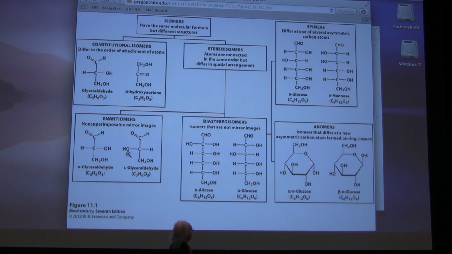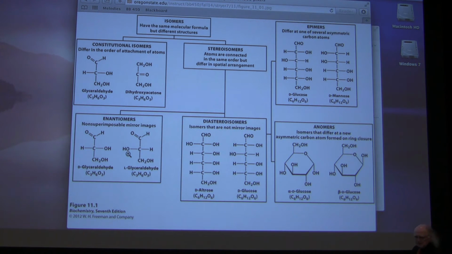And the anomeric carbon is carbon number 1 if it was an aldose, and carbon number 2 if it was a ketose. So here's carbon number 1, and we see a new asymmetric carbon that's created. It's drawn in the down configuration for alpha D-glucose, and it's drawn in the up configuration for beta D-glucose. These are both forms of glucose, but they differ in the position of the anomeric carbon. When that happens, we call them anomers.